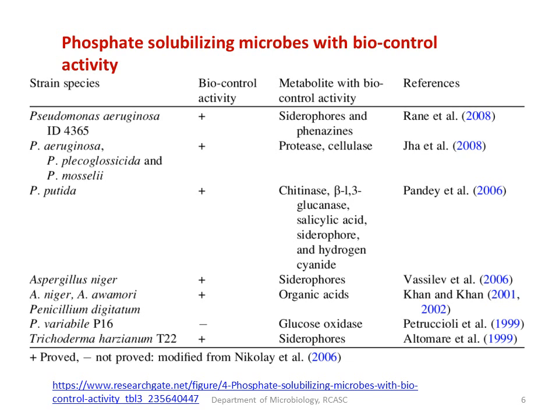And these are some examples of phosphate solubilizing microbes with biocontrol activity, especially the bacteria Pseudomonas species, Pseudomonas aeruginosa, Pseudomonas putida, Aspergillus niger, Penicillium species, and Trichoderma species.